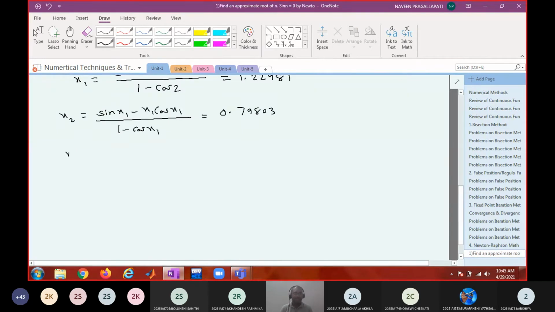Find out x3: sine x2. Again store this value in the same variable a. Update the value of the variable. Sine x2 minus x2 cos x2 by 1 minus cos x2.